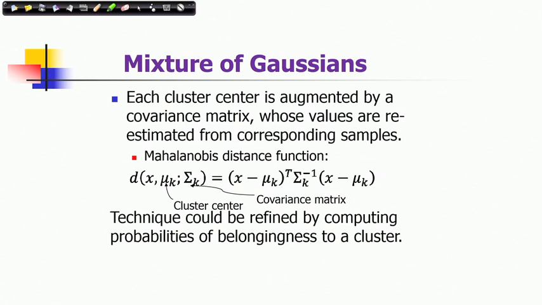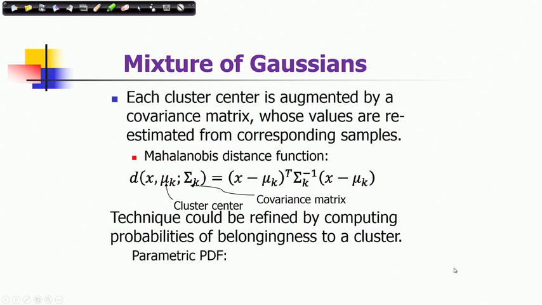So, instead of crisply defining the membership of a cluster for every element at every iteration, we maintain a probability of belongingness and continue doing this till we get good probability density functions which consistently describe the distribution of data.